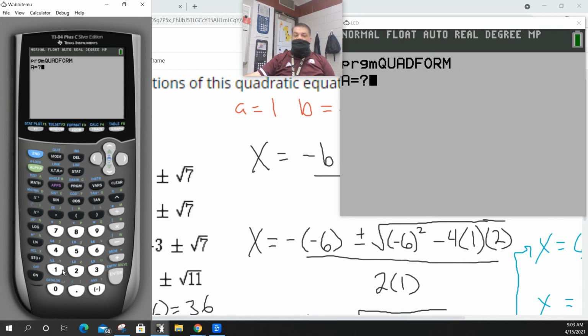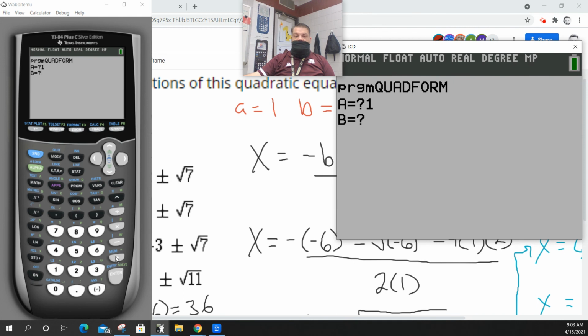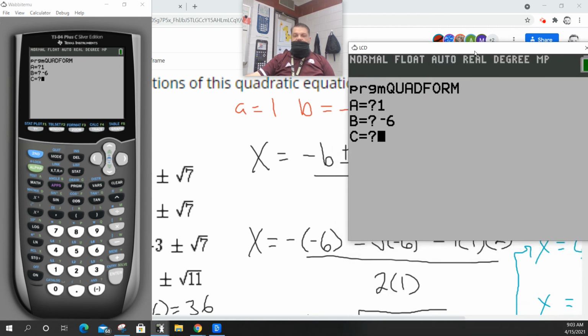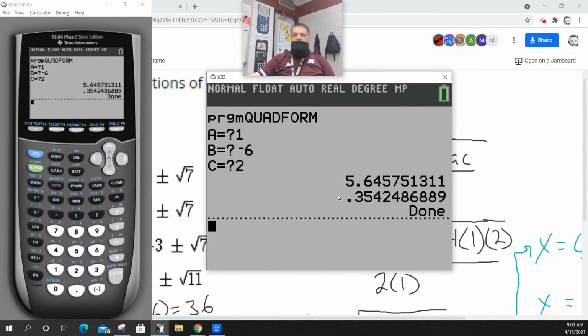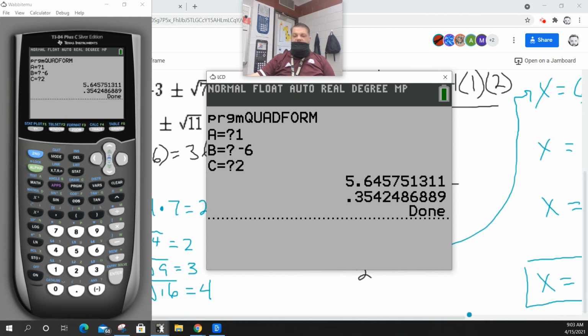It immediately asks you for the value of A, just put 1. The value of B is -6. You got to use the negative sign. Don't use the minus sign. It's got to be the short one. And then C is 2. Now when I hit enter, it's going to give me these numbers. So how do I know if these numbers match my answer?